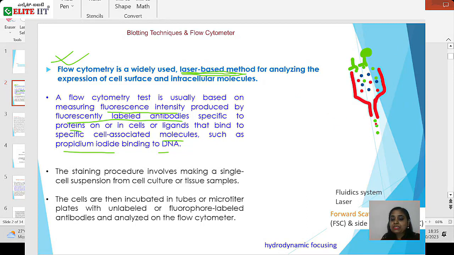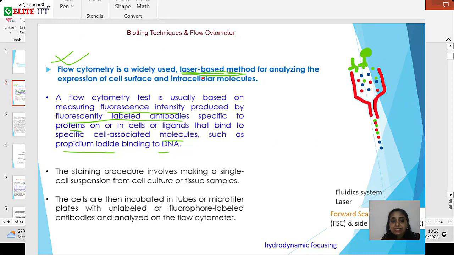The system is designed in this way so that only one cell comes at a time. Now all the cells are coming one by one. Now what will happen? We have to add some laser light here.